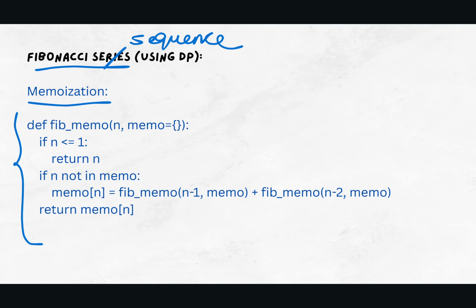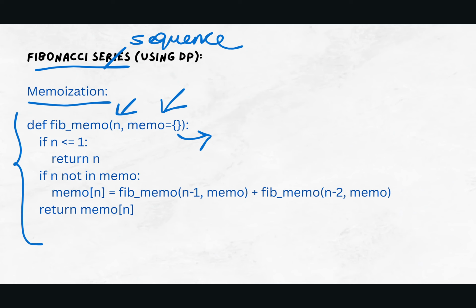Let me explain the code to you. So we have this function called fib of memo, and we have two parameters. What are they? Firstly, the number of which we want the Fibonacci sequence, and this memo is basically a list, okay? So if n is less than or equal to 1, we will return n.